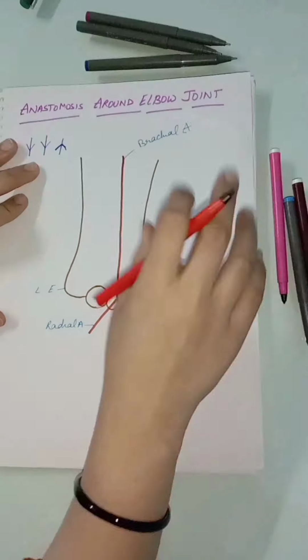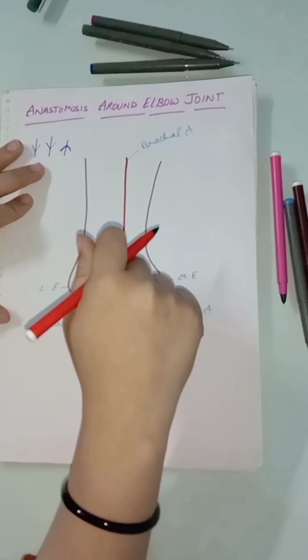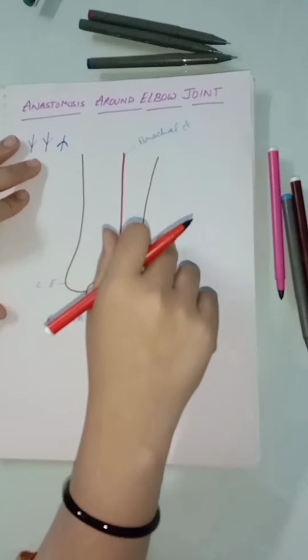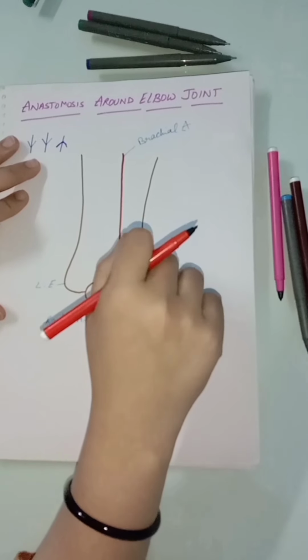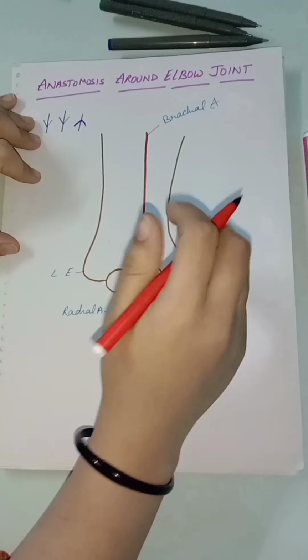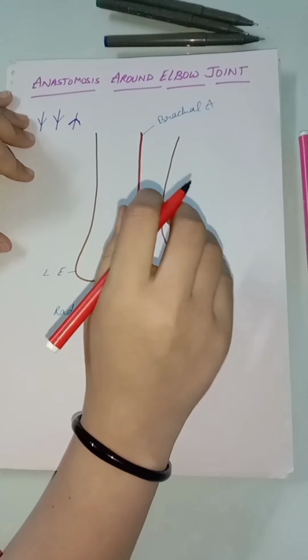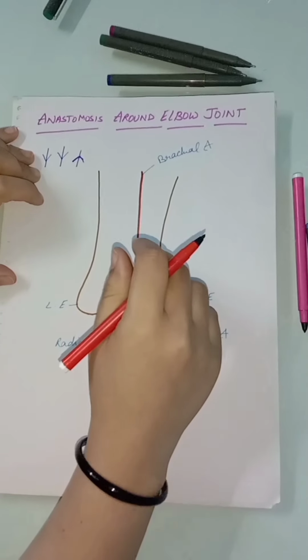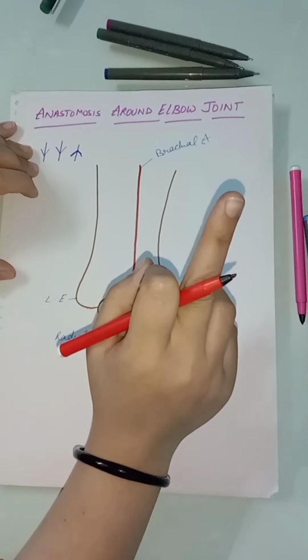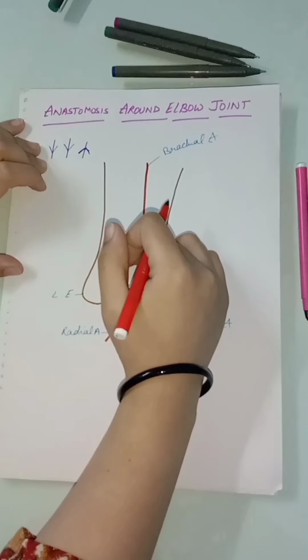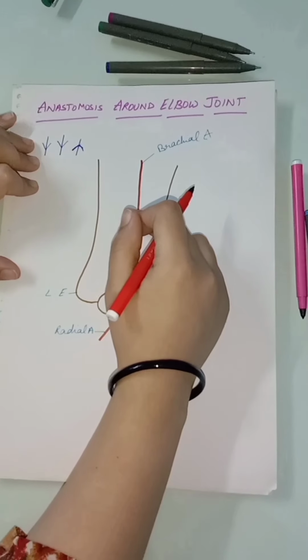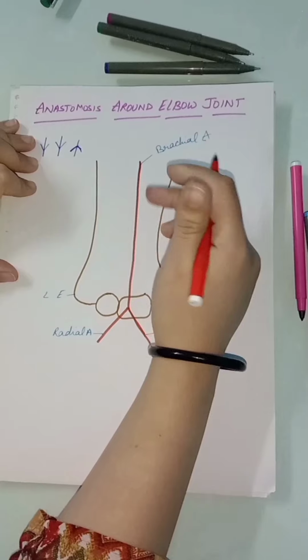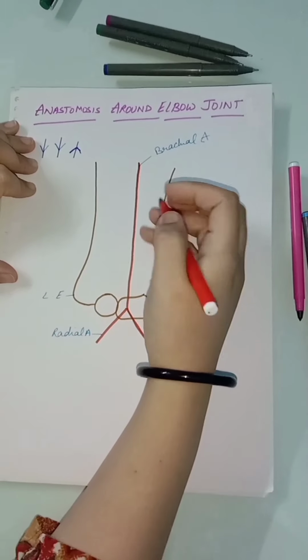Okay. As I already told you, this anastomosis has 8 arteries which communicate with each other. We get 4 branches from the brachial artery. These are collateral branches because they run parallel to the brachial artery with normal blood flow from up to downward.